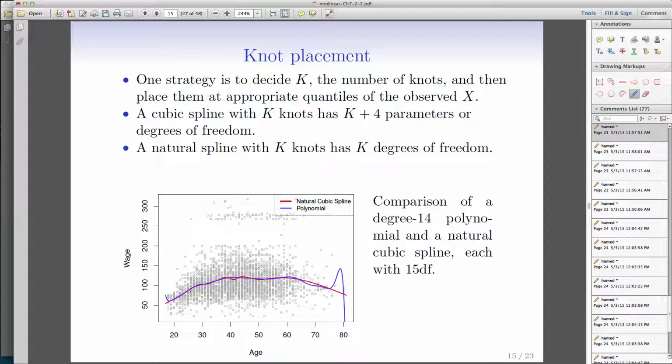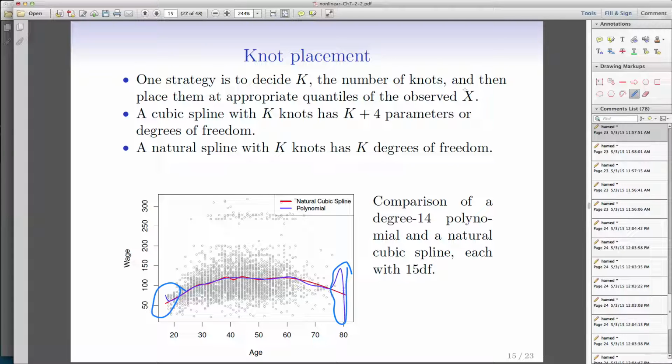As you can see, in the middle where polynomials do a good job, splines and polynomials are almost the same. But at the ends where polynomials do a terrible job, these natural splines took care of those terrible decisions. So it's almost preferable to use natural splines over polynomials because of that very bad behavior at the tails.